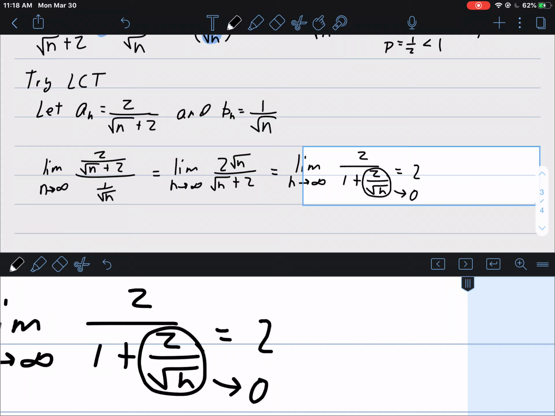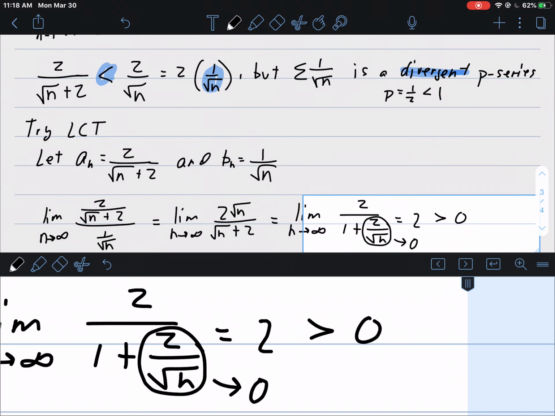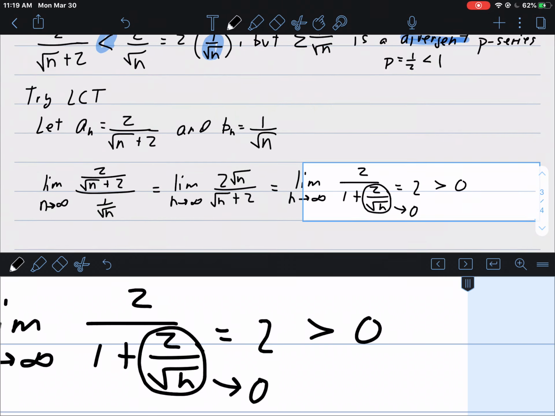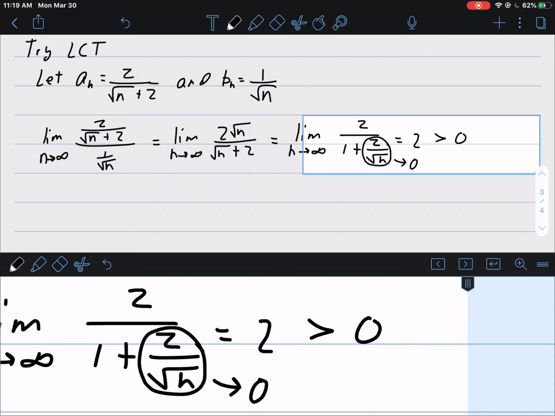So that's the value of the limit of the ratio of my series to b sub n, 1 over square root of n. I get a value of 2, which is a positive constant. And since the limit is a positive constant, either both series converge or both series diverge. Since I compared that to a divergent p-series, our series must also diverge.